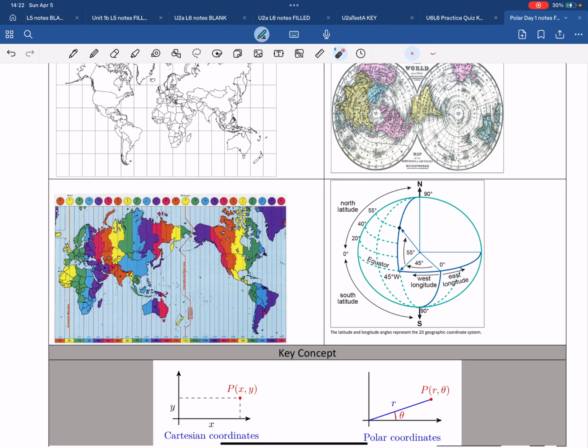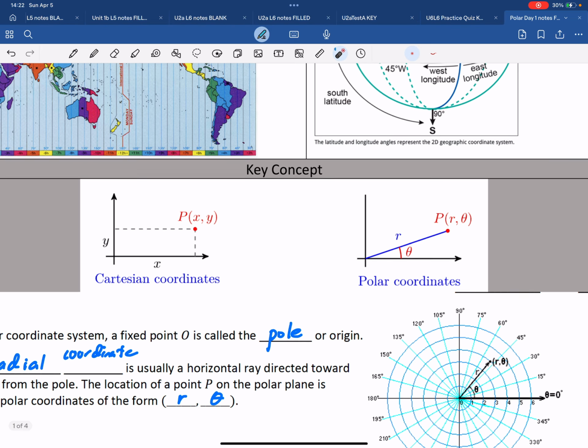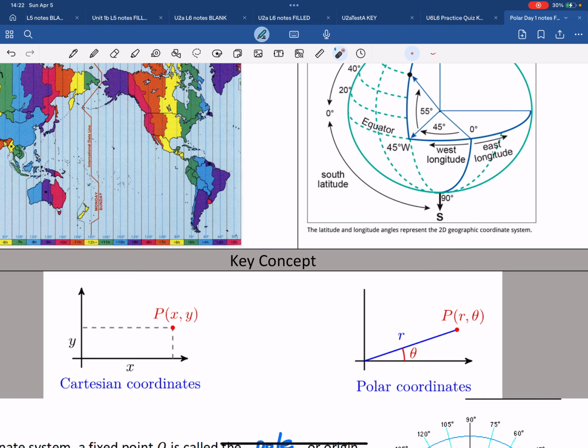So yeah, one thing to realize is just with polar, we're gonna have a different way of describing locations on a graph, okay? So our typical way before was this Cartesian coordinate system. We had an X and a Y value, and that would allow us to get to a point. Now with polar, we're gonna have an angle theta, and we're gonna have a radius r. The convention is to put the radius first, the angle second.